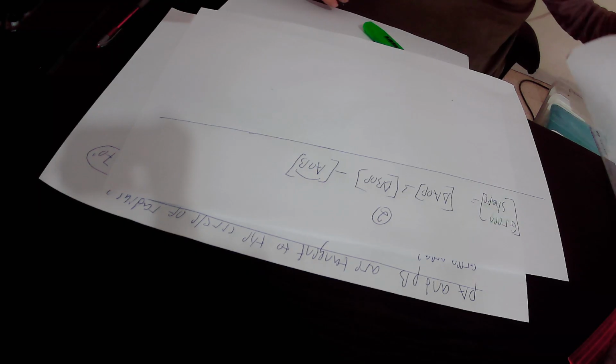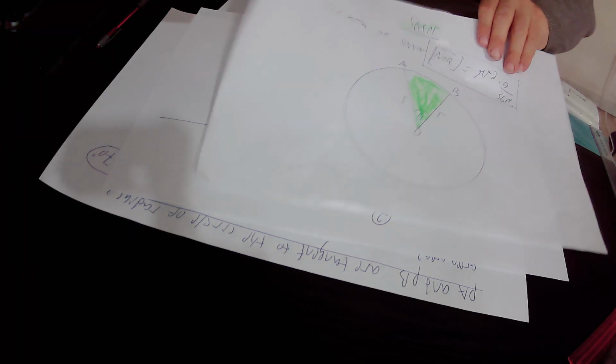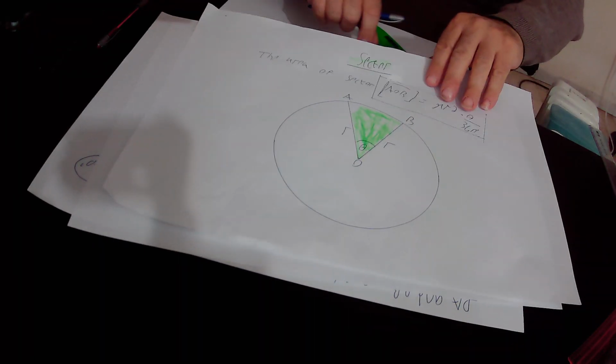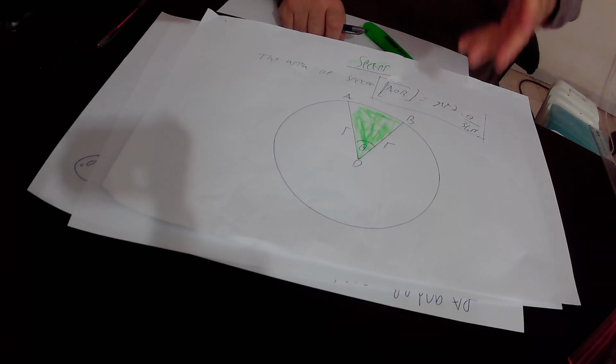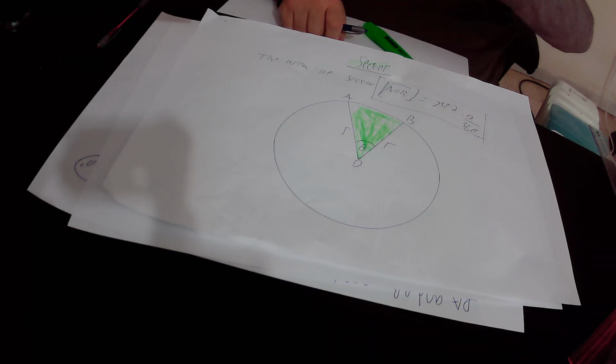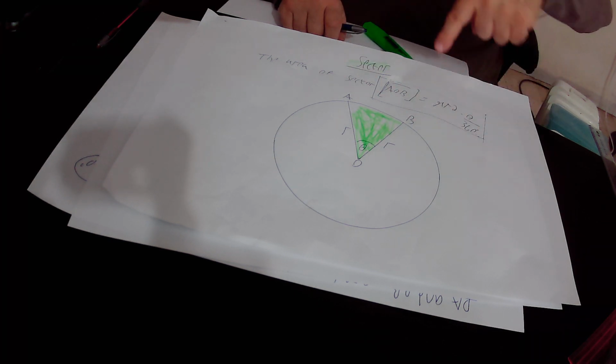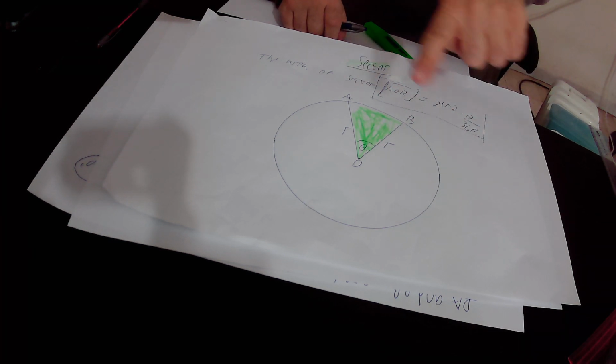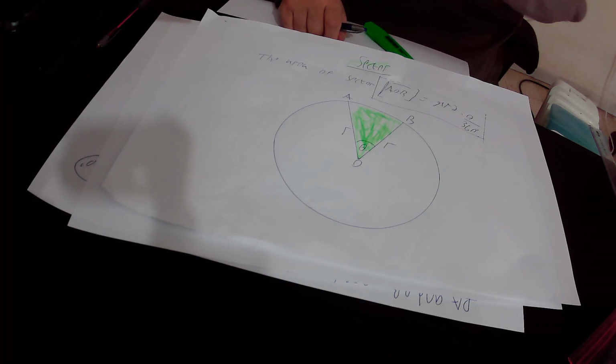So what is a sector? A sector is a portion of a circle, or part of a circle. We have a circle, and the green shape AOB is a sector. The sector consists of two legs.